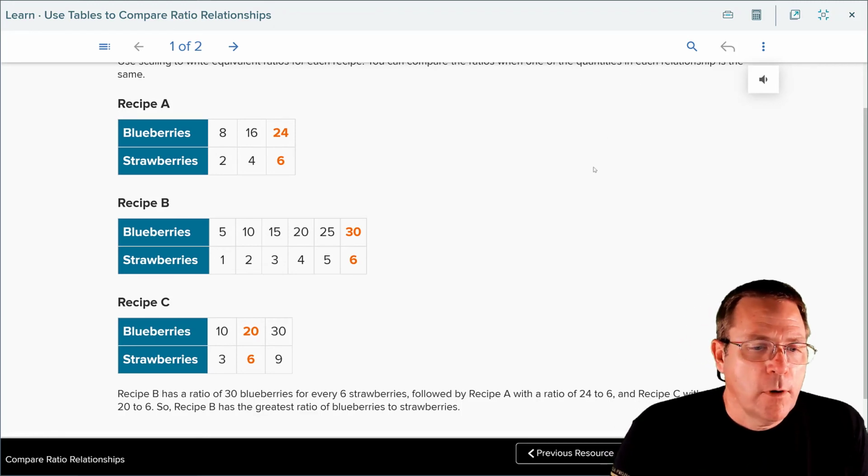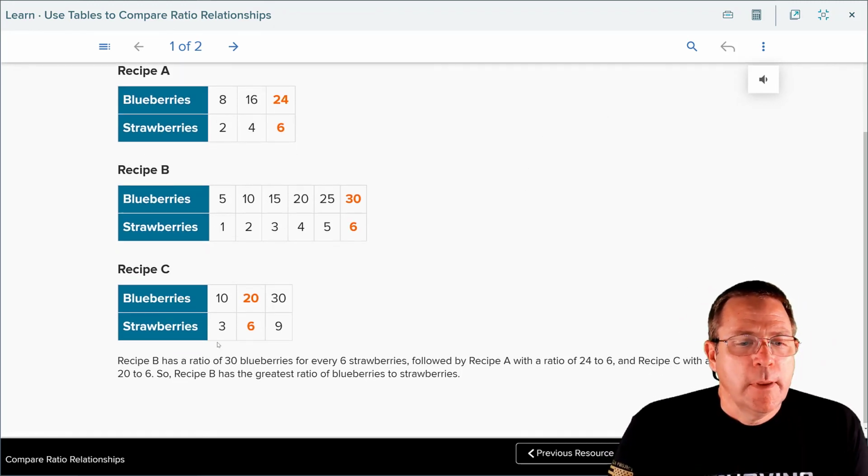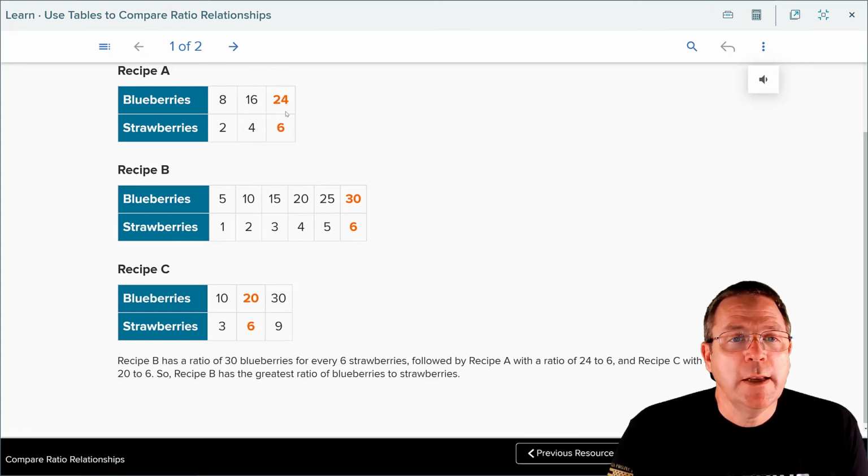Going back to our problem, you can see that it says recipe B has 30 blueberries to every 6 strawberries, followed by recipe A with a ratio of 24:6 and recipe C with a ratio of 20:6. So they compared all 3 of them to where they had a bottom number of 6.